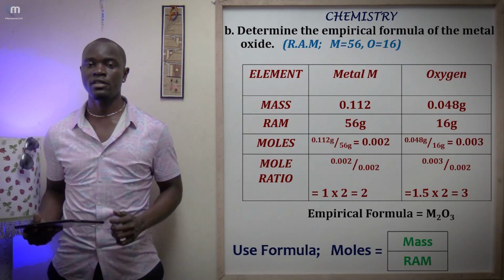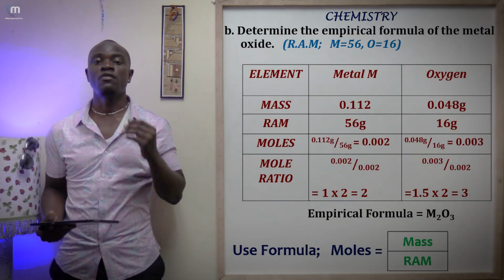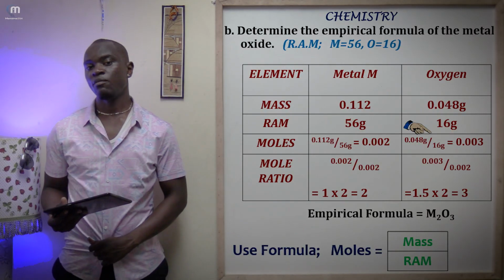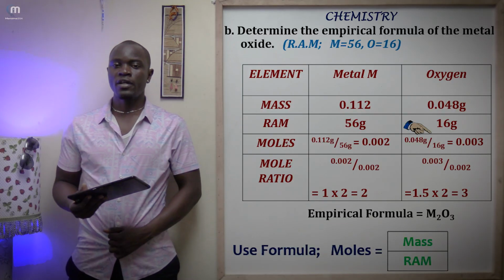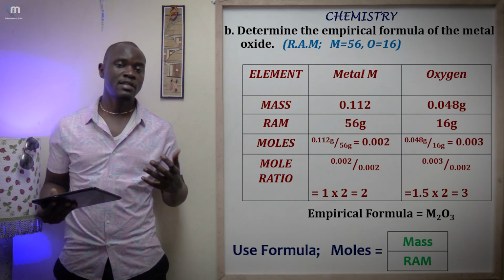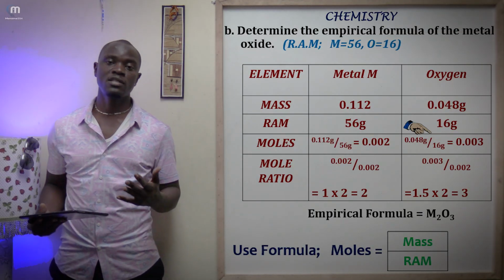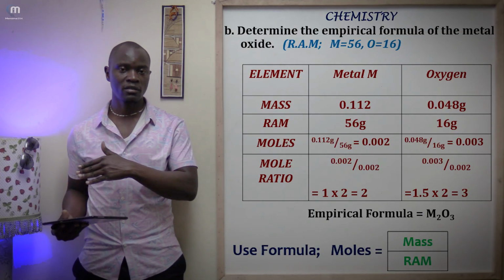But let's continue and see. The next step now, we have to calculate the moles of oxygen. How do you calculate the moles of oxygen? We are going to do exactly the same thing. Remember, the formula is moles equals mass divided by the relative atomic mass.